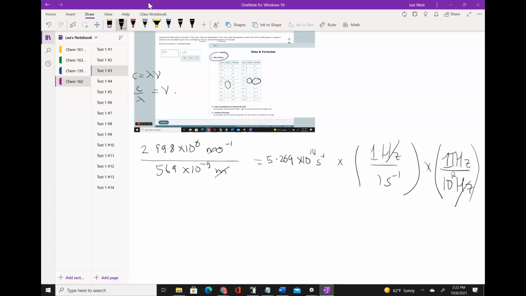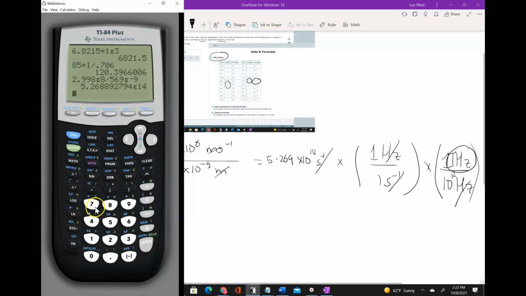Hertz per second leaves me with terahertz, so I know I've got it correct. I'm not rounding anything. I'm going to times 1 divide 1 times 10 to the 12. There we go. So very cautious.